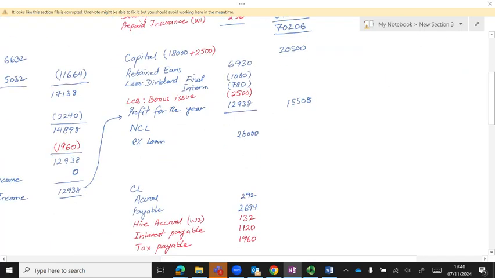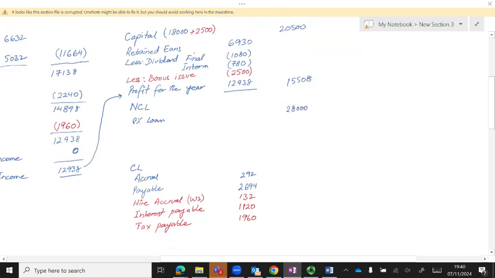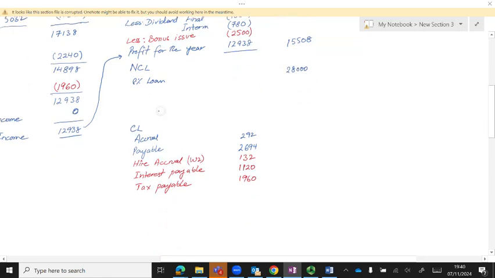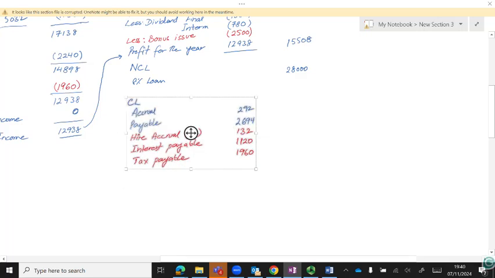The loan figure is the same. There are no changes in it. I'm just going to move it forward. And all the current liabilities, total of current liabilities is 6198.